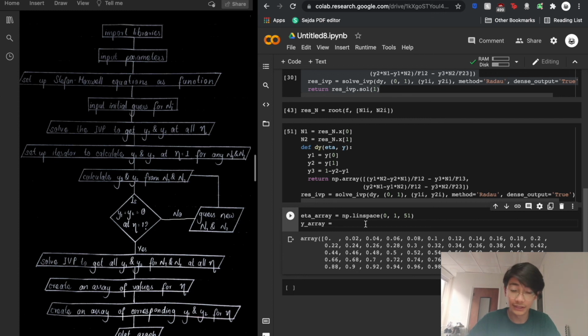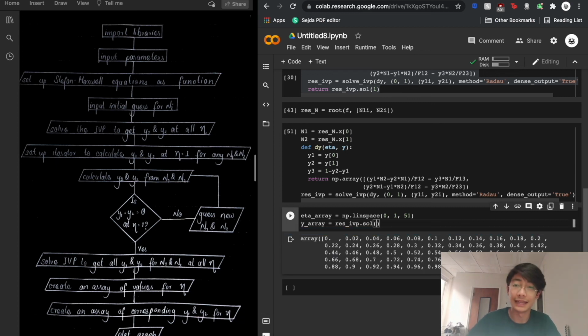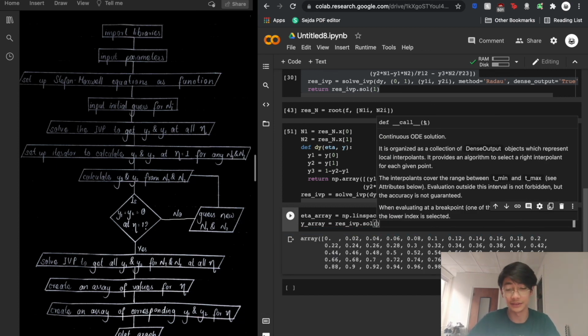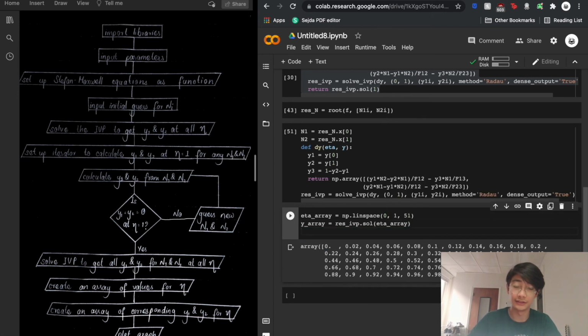So just like we did last time, res underscore IVP dot sol, and this time instead of having something like 0 or a 1, we're going to simply put in the eta underscore array inside. So let's see what it actually gives us.